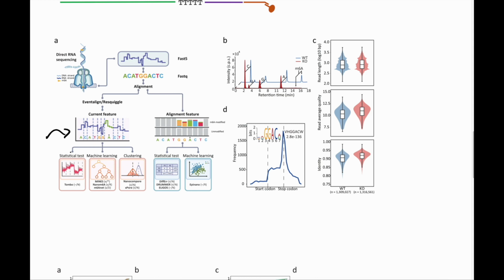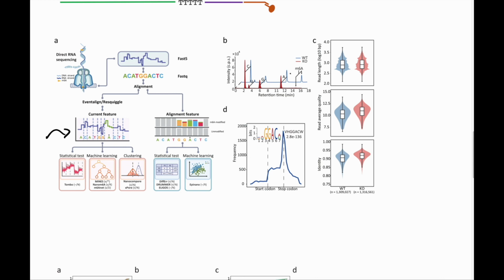These signals are directly analyzed based on whatever data can either be pulled out from them or their general shape and structure, or as you might call it, squiggle analysis. You examine these and try and figure out whether there are differences between what you canonically expect an A to look like and what you're seeing. And if that difference is great enough, you can classify it as m6A modified.